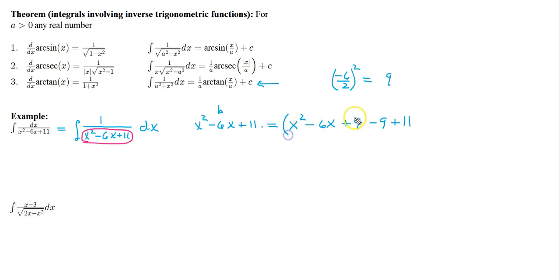Now what this is going to become right here, this always becomes x plus b over 2 squared. Now in this case, the b over 2 is negative 3. So this is going to become, and negative 9 plus 11, that's just 2.